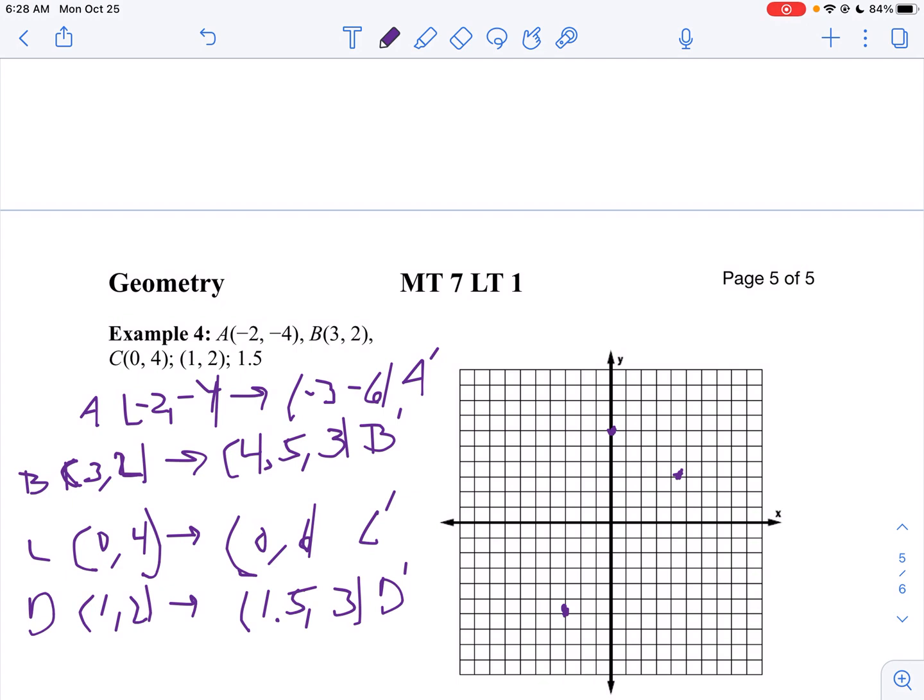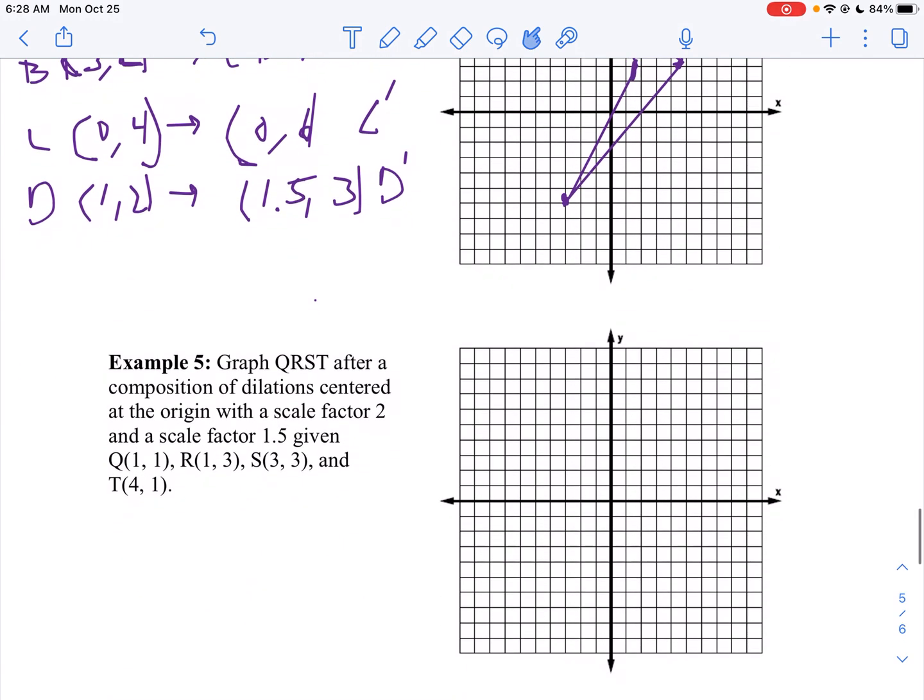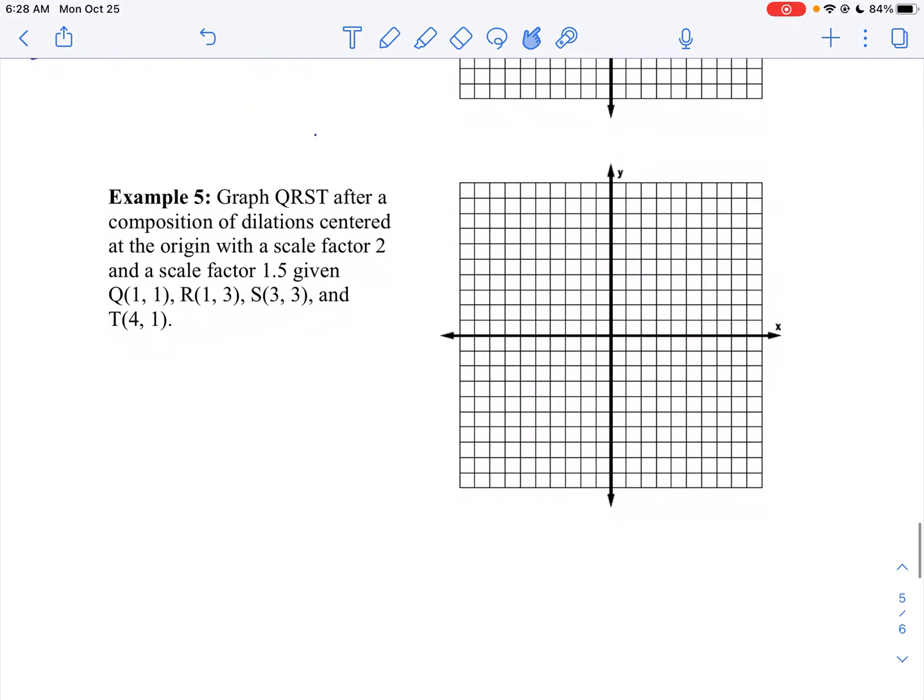And D primed is at 1.5 and 3. So I've got this convex looking shape. And there's your answer. Okay, let's do one more.